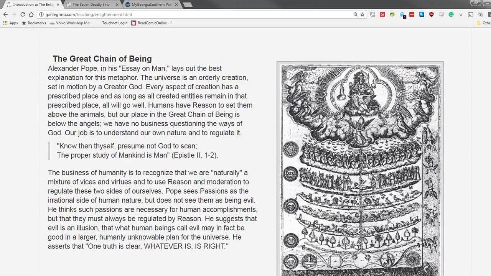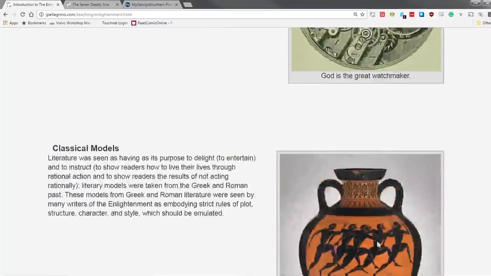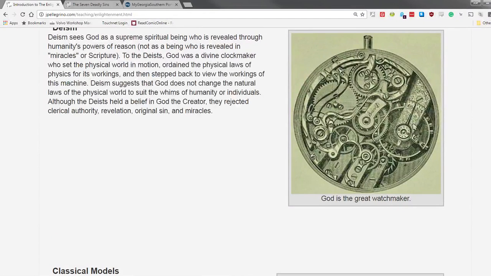All of them screw up the way the universe functions. Back up here with this watch, let's say we're this cog. Well, if we get out of sync with all these other ones, the universe doesn't function like it should. And any movement away from our spot, away from our place in the great chain of being, certainly makes the universe fall apart.